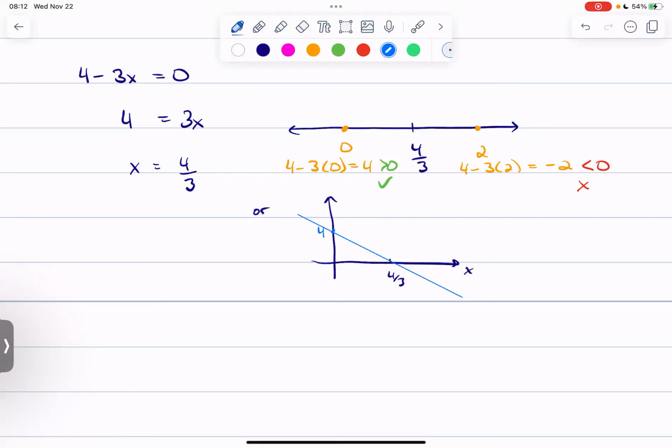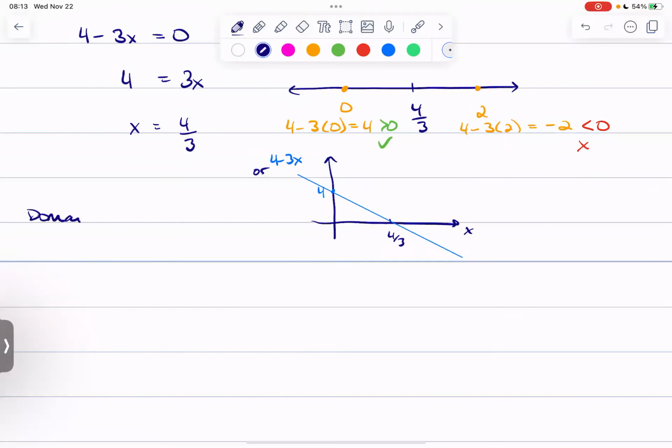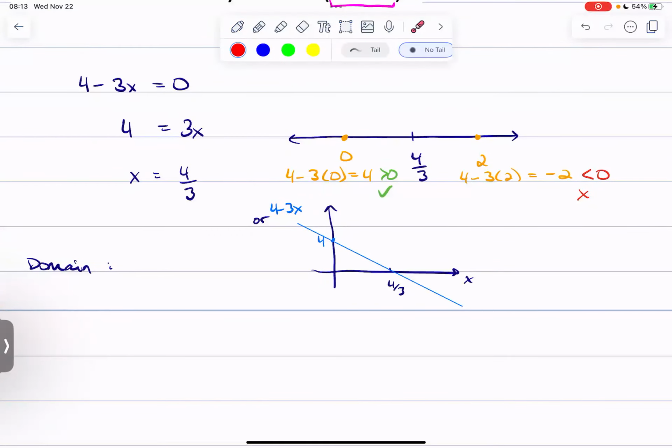through those points. Usually you wouldn't have to draw it out like that, but just in your head, knowing how functions behave and what they look like, you could figure out that, oh, okay, if I'm starting at a positive intercept and I have a negative slope, then everything less than 4/3 is going to give me a positive value, which means that the domain, remembering that you can't be equal to 0, that's a key thing.